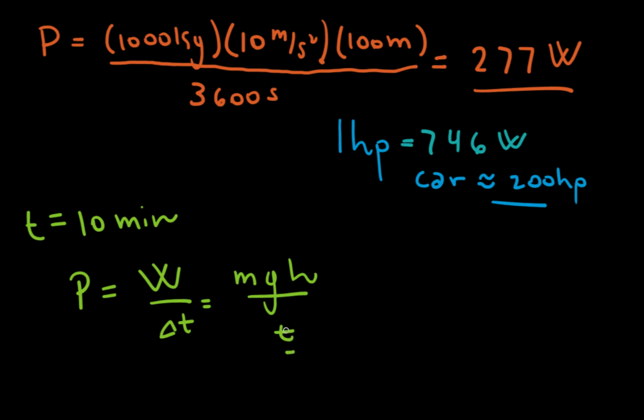The only thing that's going to change here is this time, which is 10 minutes. When you do this calculation, you will find that it comes to about 1,667 watts. So to pull this mass up 30 stories in 10 minutes, you require an engine that is a lot more powerful, a couple times more powerful.